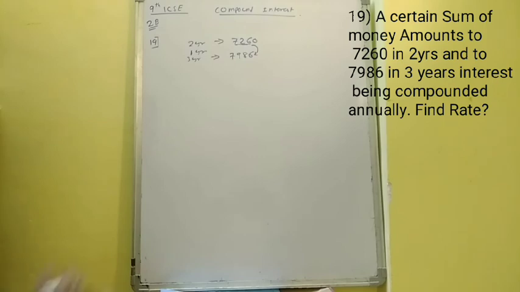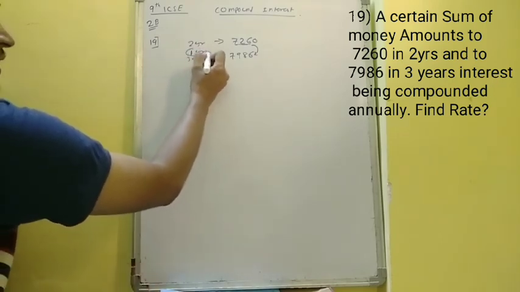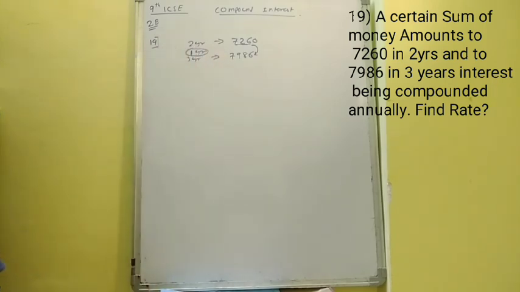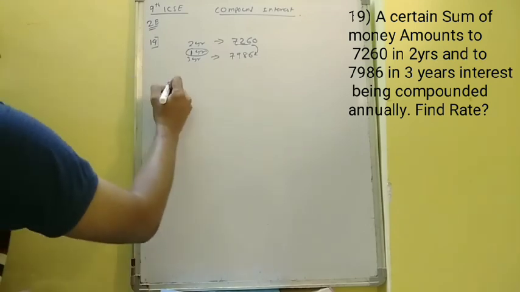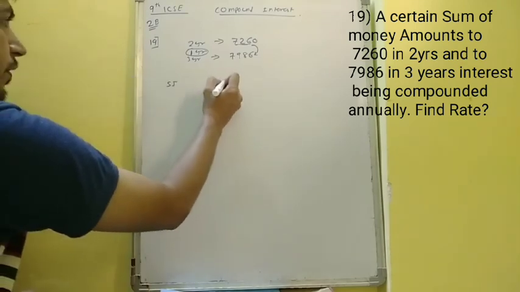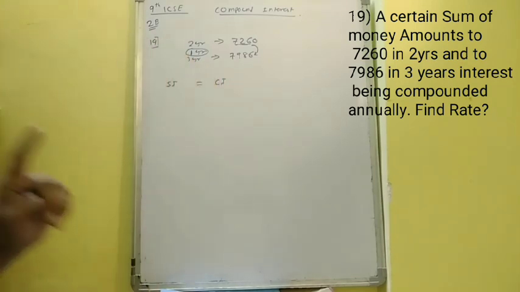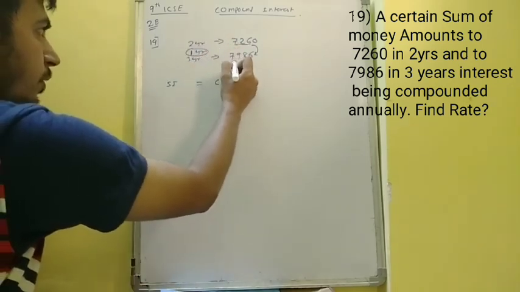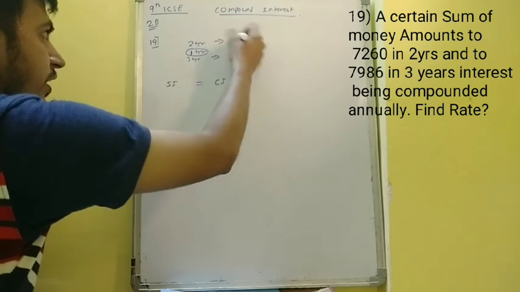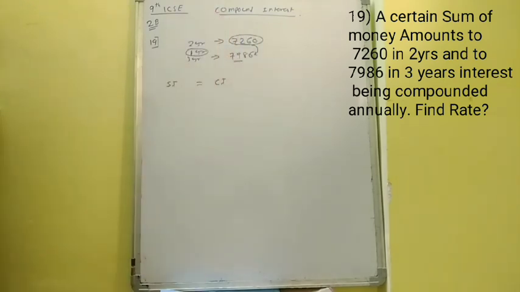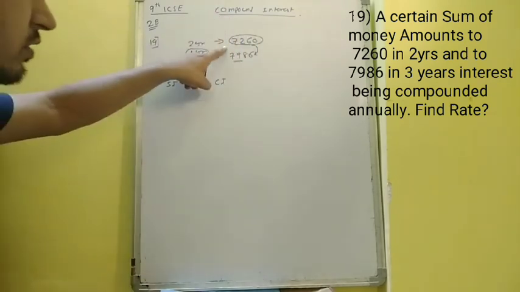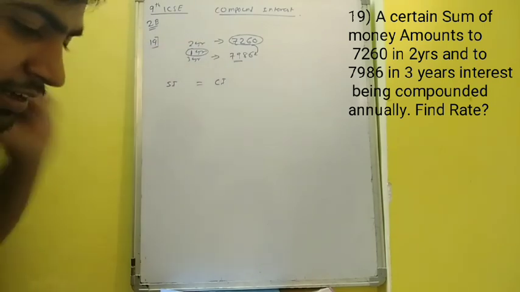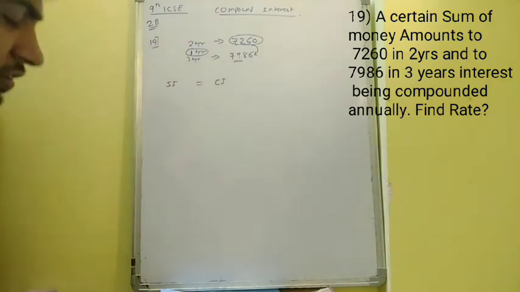Always remember, whenever you are calculating 1 year interest, simple interest or compound interest, both will be equal for 1 year. So when I am calculating the amount for the 3rd year, this 7260 is going to be my principal. With the help of this principal and the time, I can easily find the rate. First of all, I will find the interest.